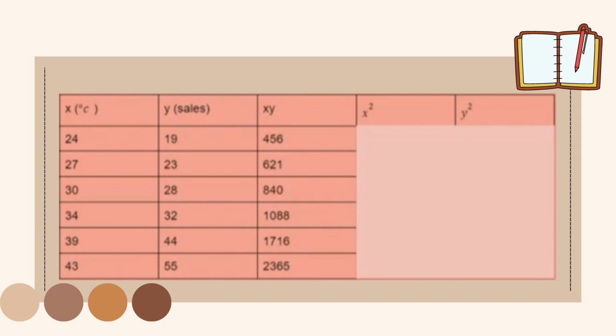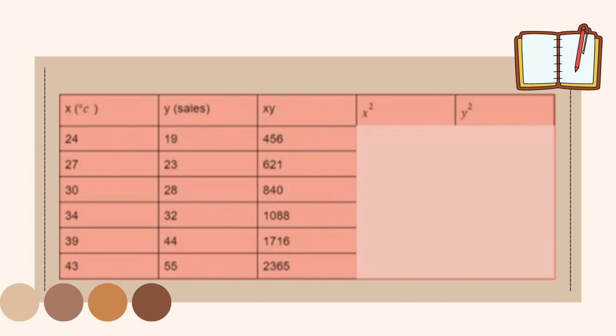So, 24 times 19 is equal to 456. 27 times 23 is equal to 621. 30 times 28 is equal to 840. 34 times 32 is equal to 1088.